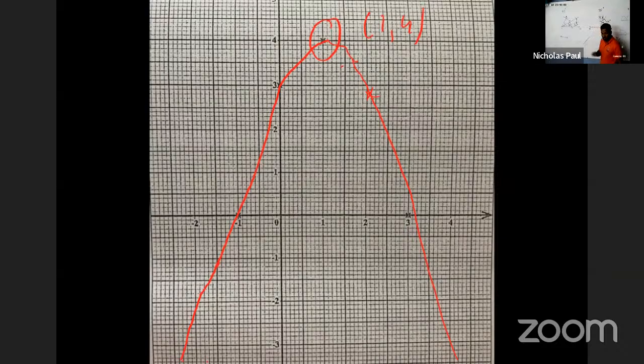It can't touch the curve anywhere else. That is the line that you're going to find the gradient of: y2 minus y1 over x2 minus x1.